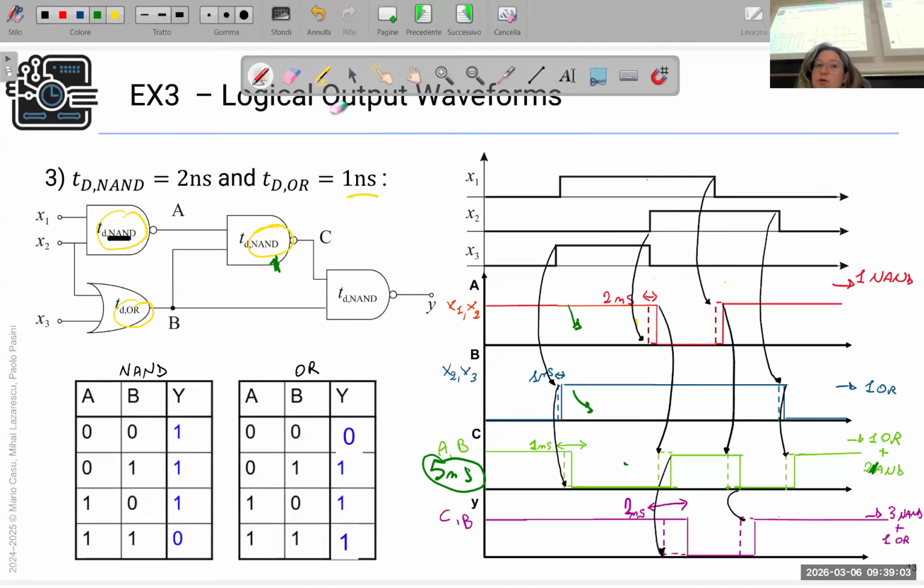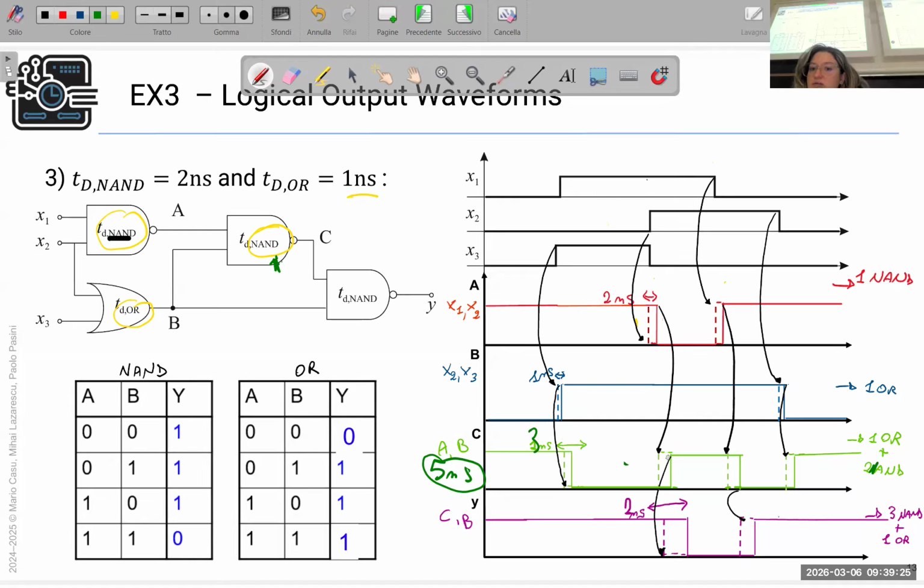So we have to consider that there is a change here, which is due to B, right? So we have 1 nanosecond of delay, and then the delay of the gates that will give you C. So it's 3, as we mentioned before.